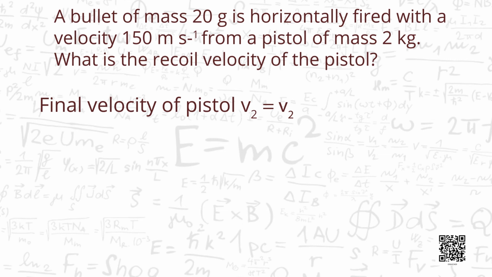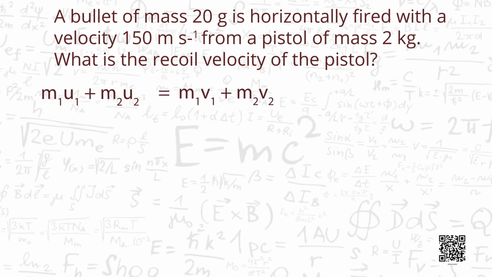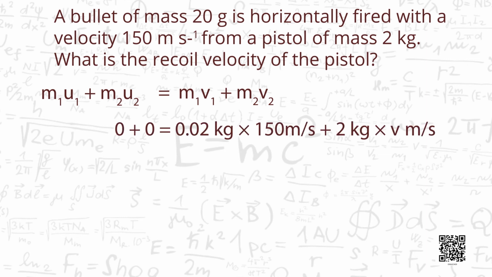Now, according to the law of conservation of momentum, m1 u1 plus m2 u2 is equal to m1 v1 plus m2 v2. As u1 and u2 are 0, the left hand side will be 0. Now substitute the values on the right hand side. For m1, we take 0.02 kilograms into v1, that is 150 meter per second, plus for m2 we have 2 kgs, and for v2 we have supposed it to be v meter per second.